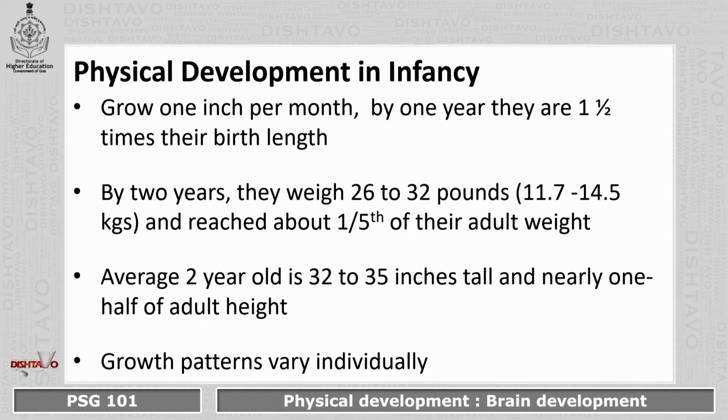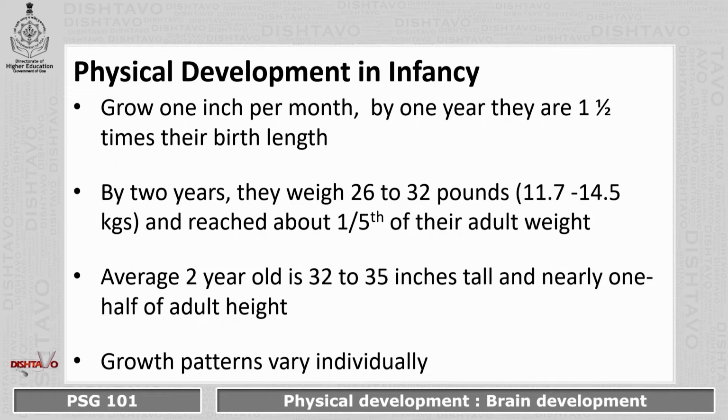Also, urban, middle class, socio-economic status and firstborn children were taller than rural, lower socio-economic status and later born children. The children whose mothers smoked during pregnancy were 1/2 inch shorter than the children whose mothers did not smoke during pregnancy.